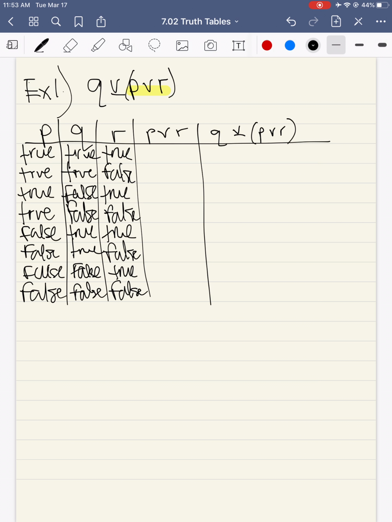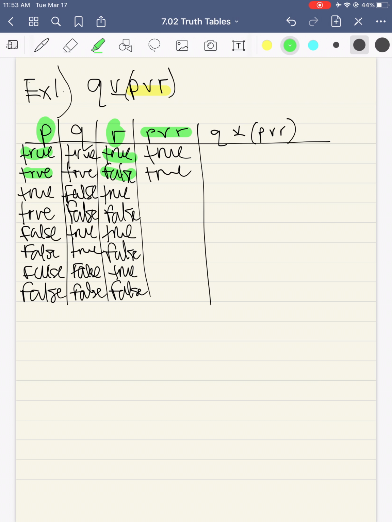So when I am doing the next one, I am strictly going to just be looking at the P column and the R column, since I'm only looking at P or R. So based on this, my first one here, I have true or true. So that's going to be a true statement. Next, I have true or false, which if we go back to our notes from earlier in the lesson, is also a true statement.